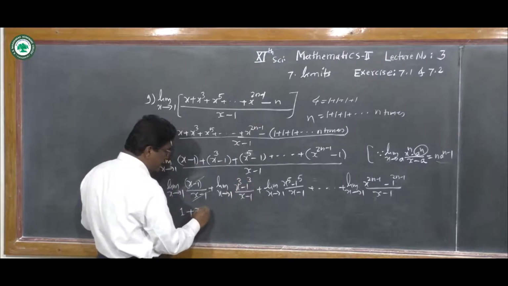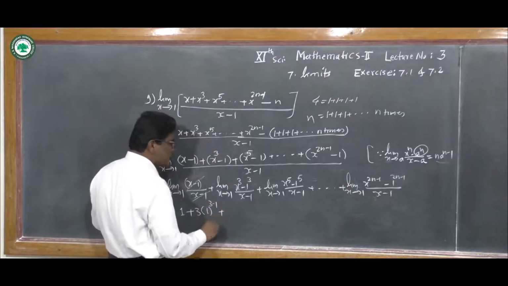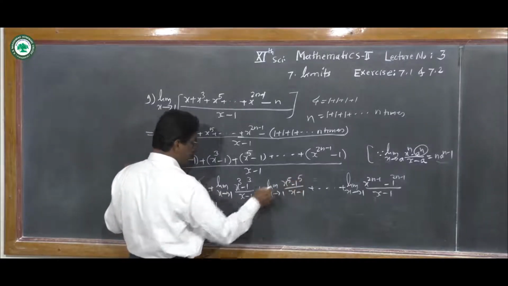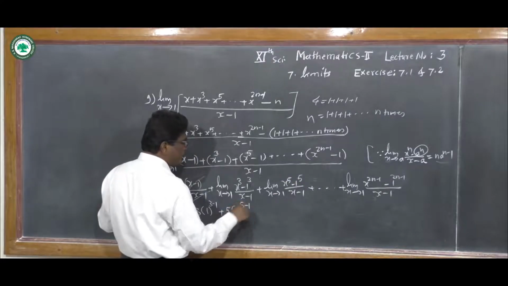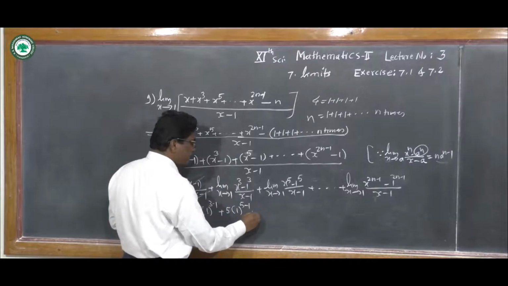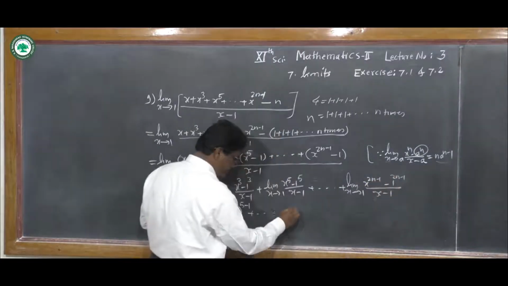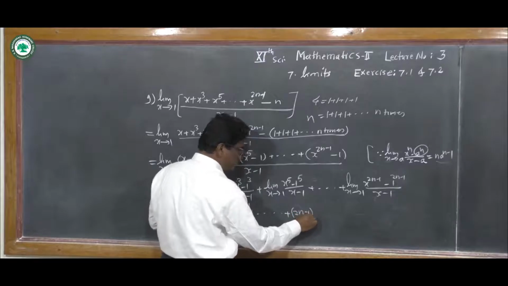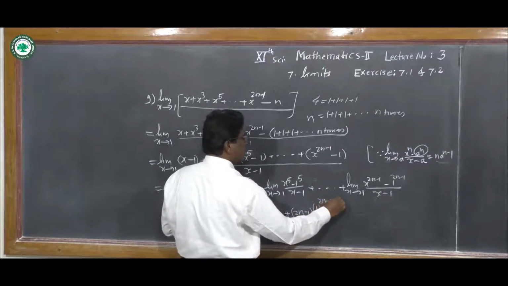That is 3 into 1 to the power 3 minus 1, plus here 1 to the power 5, here we write 5 into 1 to the power 5 minus 1, plus up to dot dot, lastly this 2n minus 1 into 1 to the power 2n minus 1 minus 1.